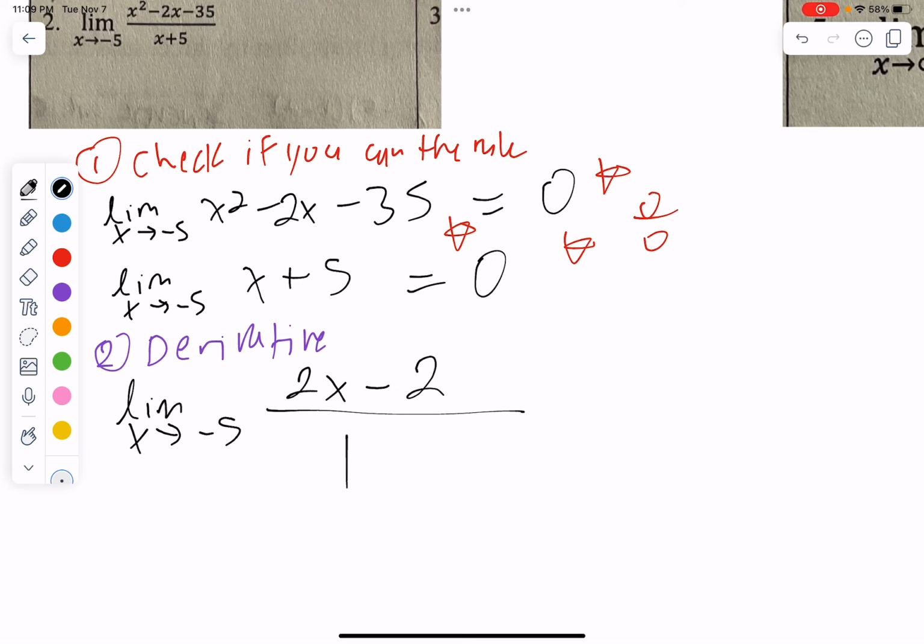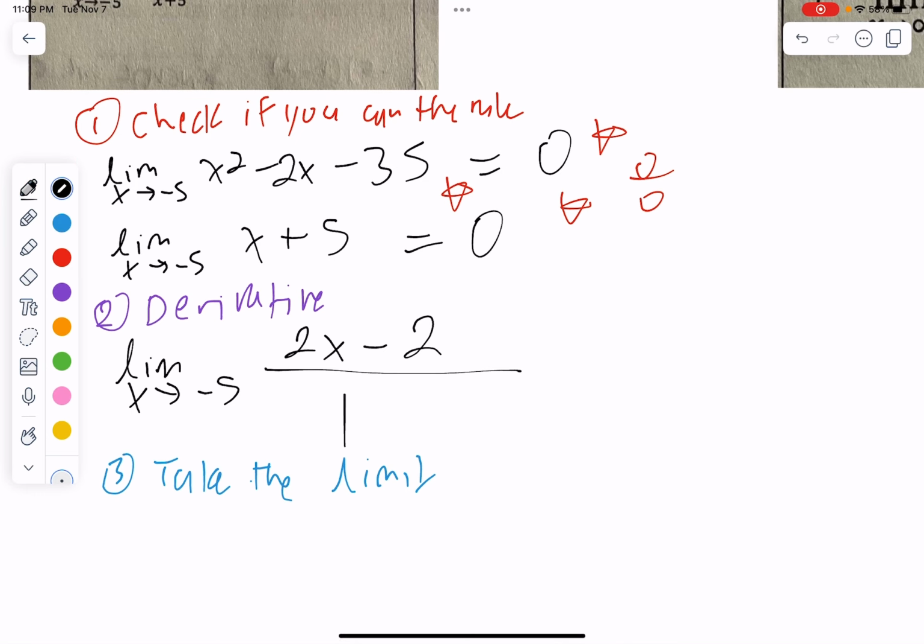Okay, we're back. And then we're going to basically take the limit of it. So then, you just take the limit. It can't get much more difficult than that, right? Once you do that, you get 2 times negative 5, minus 2, over 1, and that gives you a number.